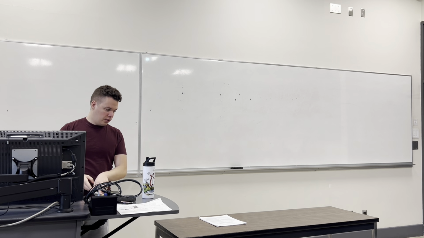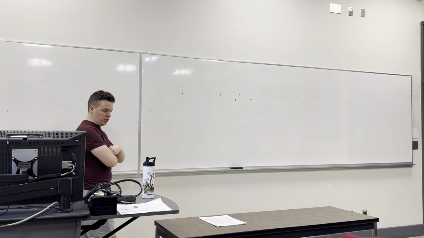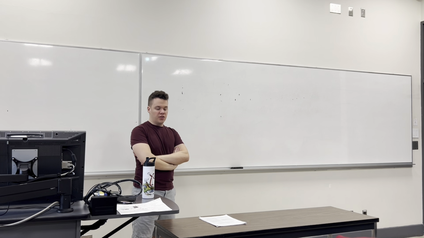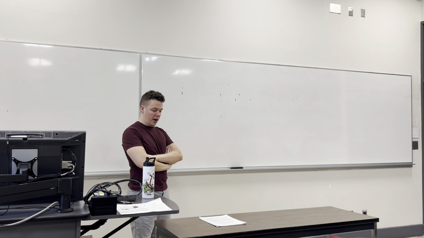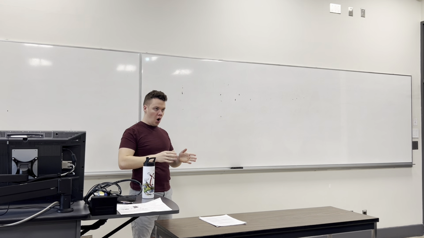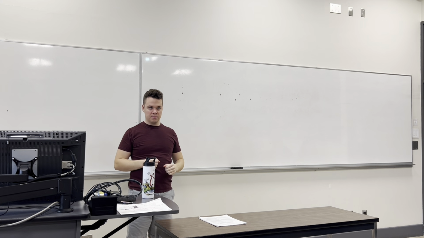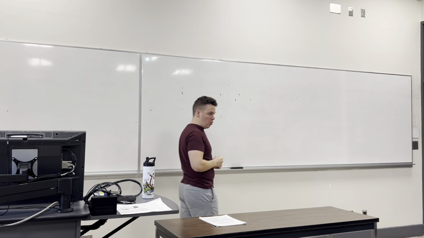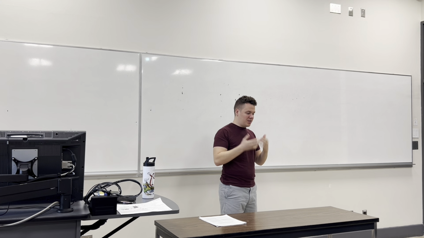Haidt wrote this very famous paper called The Emotional Dog and Its Rational Tail: A Social Intuitionist Approach to Moral Judgment. So the idea here is emotions or intuitions are the dog and reason is the tail. So when we give reasons for our moral judgment, we're just defending what we already hold as a matter of intuition.